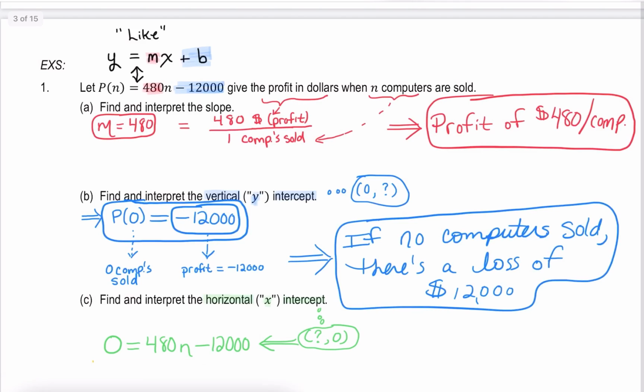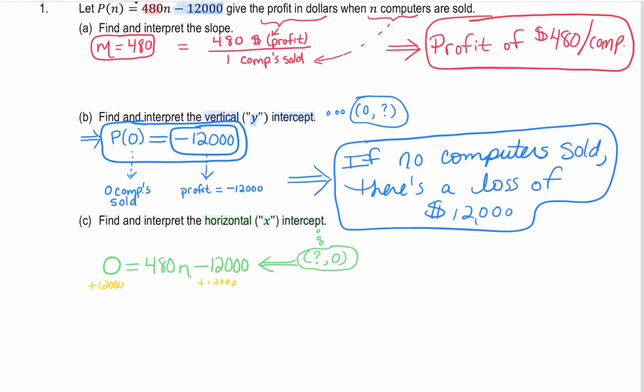As I solve here, I just have a little linear equation. So let's add our 12,000 over to the left-hand side. That's going to give me 12,000 equals 480n. And then dividing both sides by 480, if we plug that into our calculator, that comes out to be n equals 25.